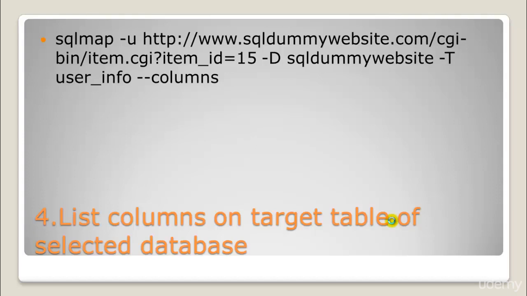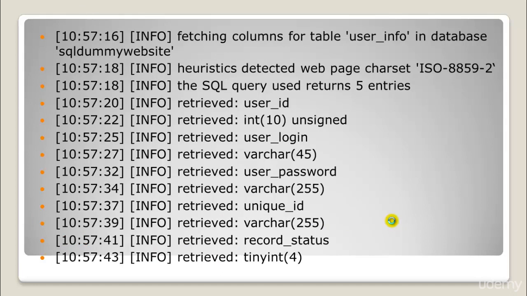When ran, this specific query will give us these specific columns: user ID, int unsigned, user login, varchar, user password, varchar. So this is exactly what we're looking for. Target table, user login, and user password.